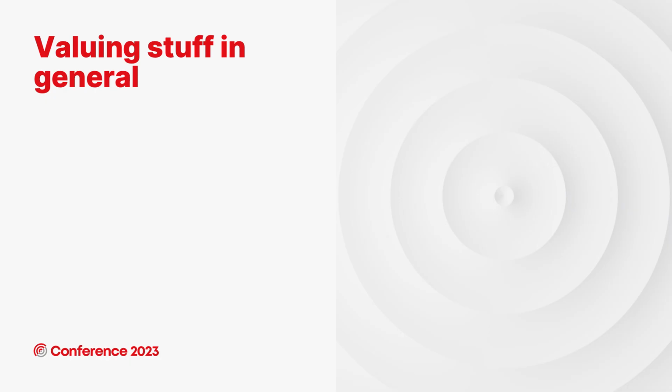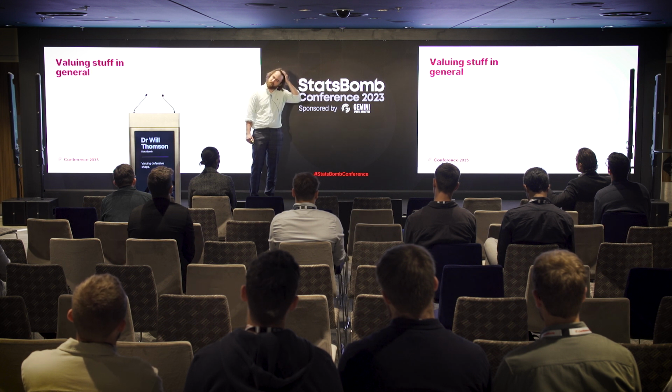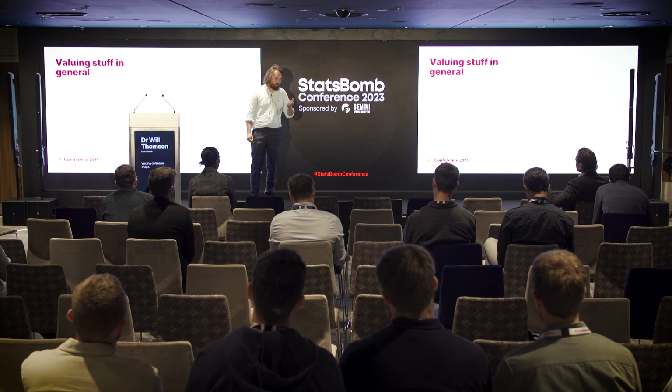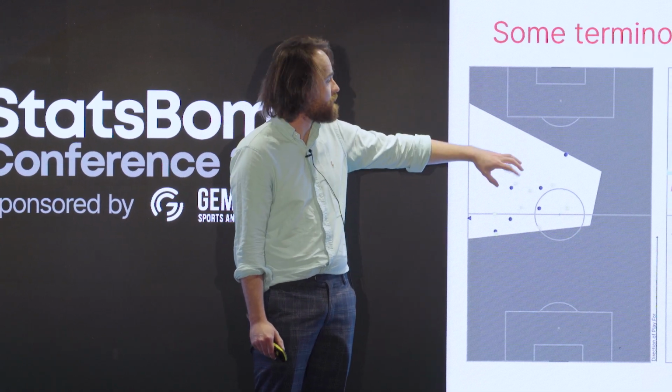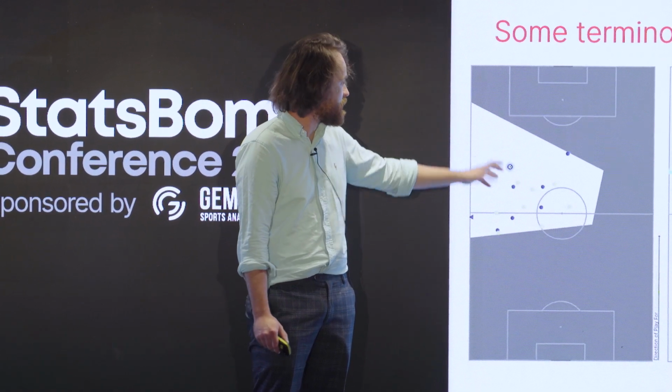So some terminology to start out with. We seem to have settled on Markov decision processes as the way we think about valuing stuff in football generally. So you have some notion of the state of the game, which is where the players are positioned on the pitch, where the ball is, perhaps some context about what's happened in the possession so far.